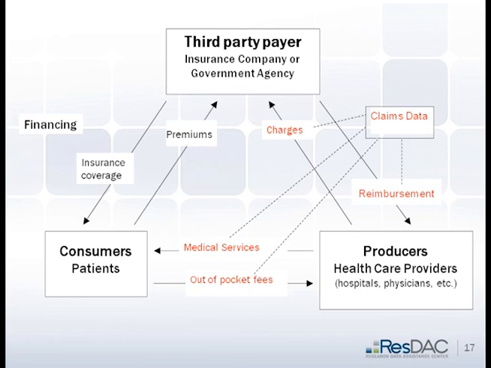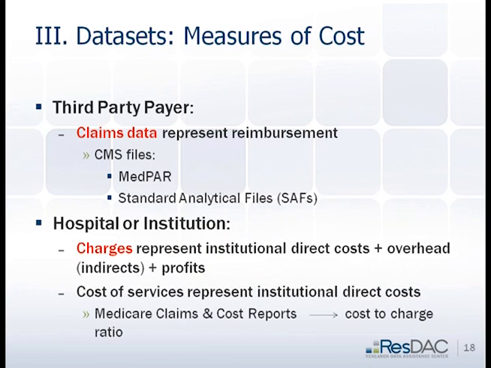Reimbursement, right? It represents what they paid to the healthcare institution or the provider. For the most part, when we talk about what was paid out, that's the reimbursement, and the difference between these two is the focus of this workshop. So the claims data I have represent the reimbursement.